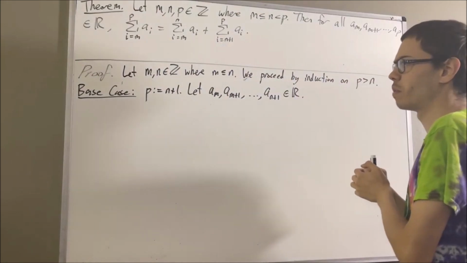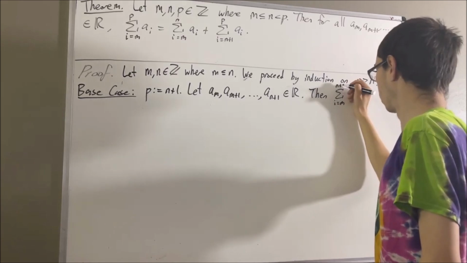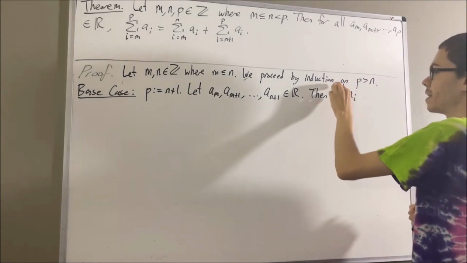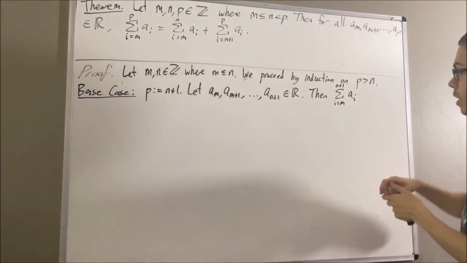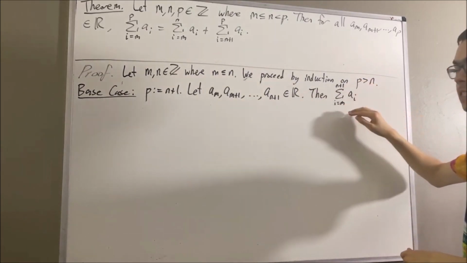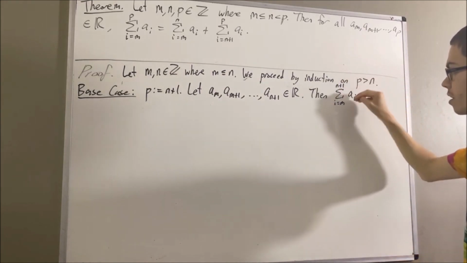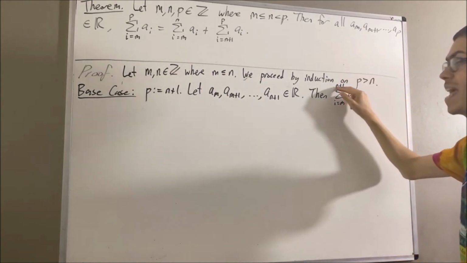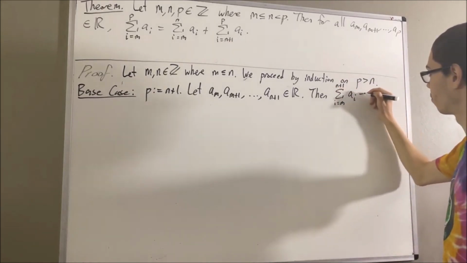So let me start out by writing the left-hand side. To start, we know that n plus 1 is strictly greater than n, which means we can take the n plus 1th term of this sum and pull it out from the rest of the sum, which means we can rewrite this as the sum from i equals m to n of ai plus an plus 1.